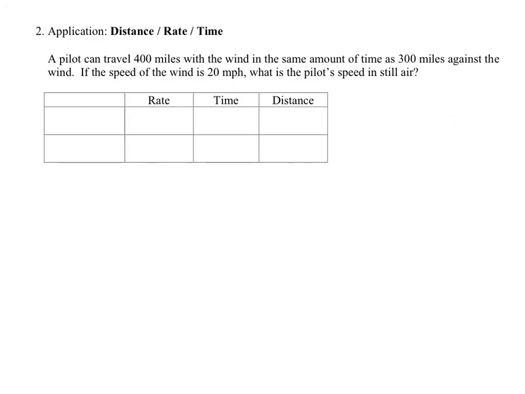Now let's do a distance, rate, time application. A pilot can travel 400 miles with the wind. I'm going to stop there. So we're going to do with the wind, and he or she can travel 400 miles in the same amount of time as 300 miles against the wind.